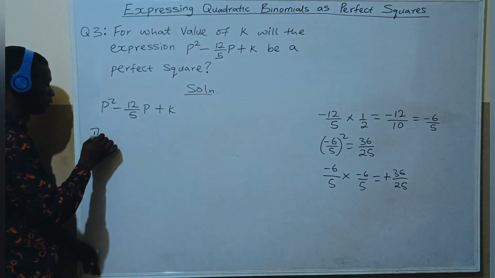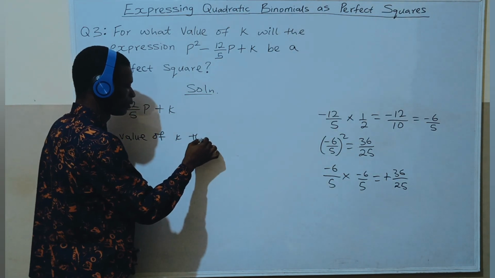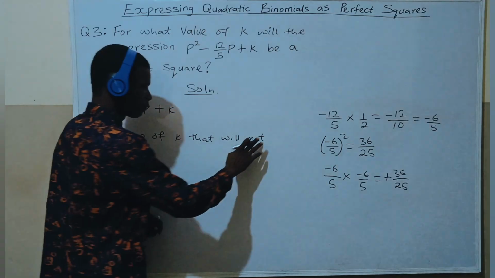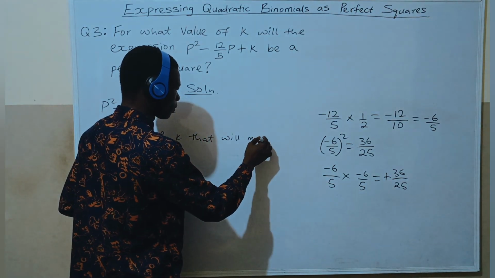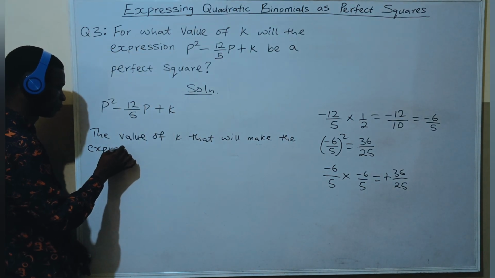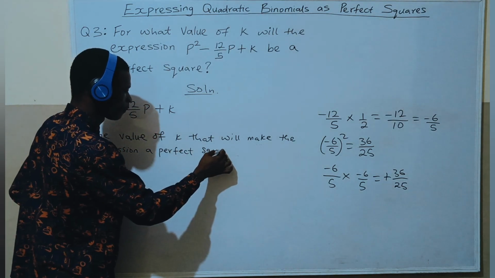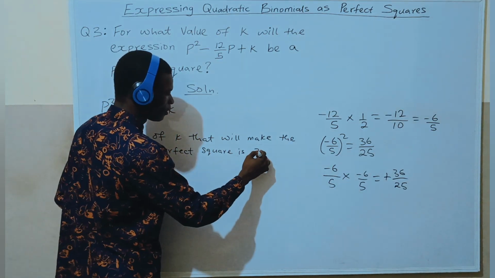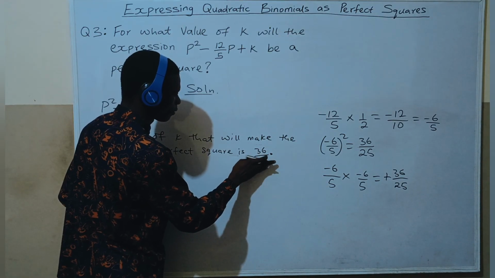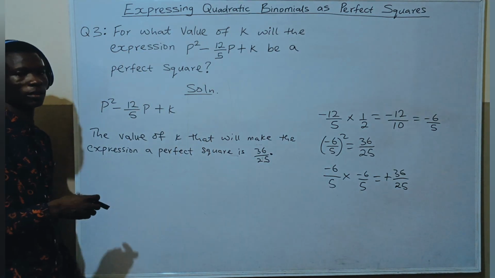So we'll say the value of k that will make the expression a perfect square is 36 over 25. So that is the question.